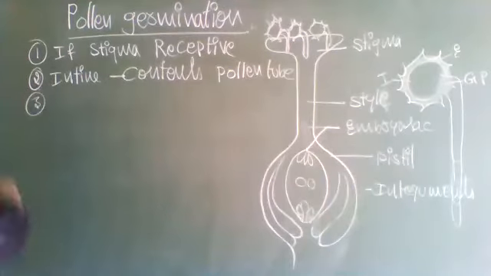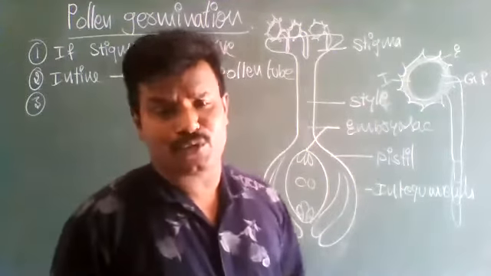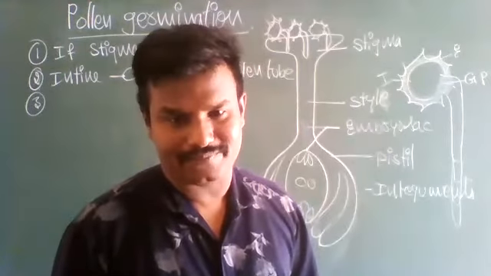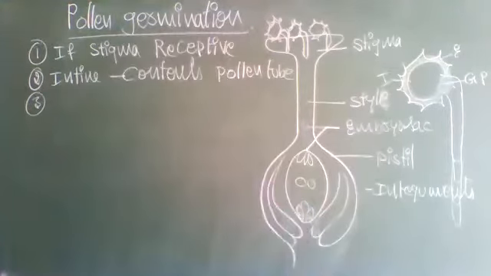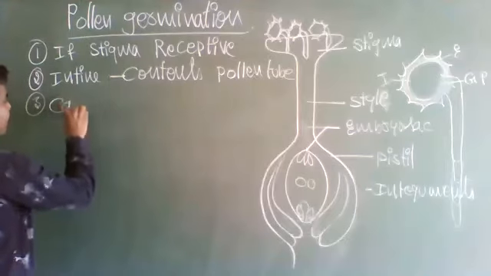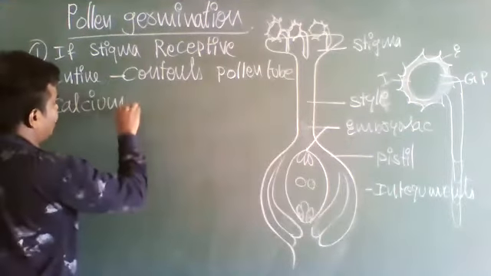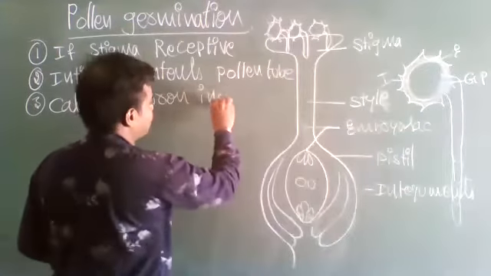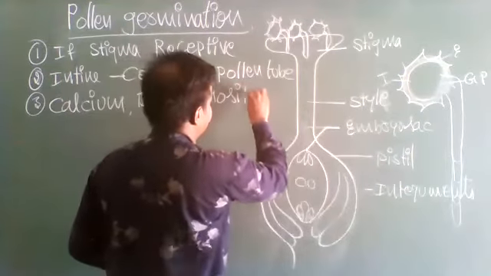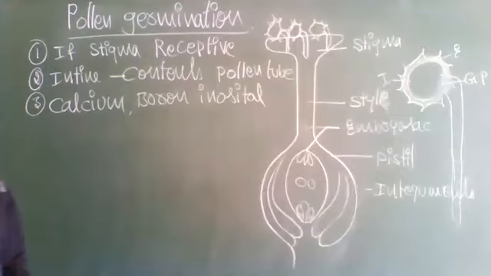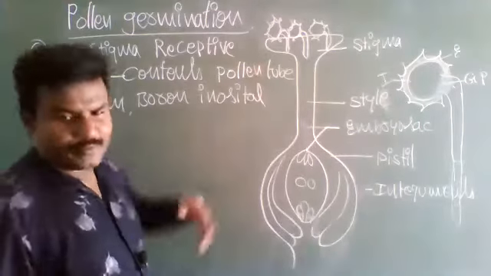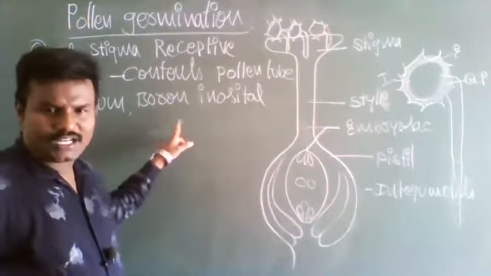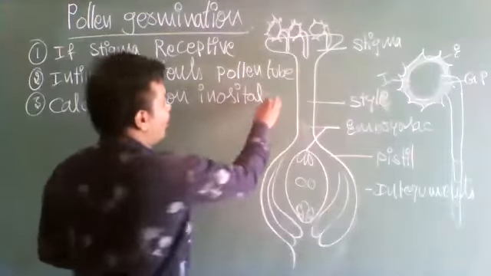Third statement. Generally here, pollen tube growth occurs by chemical components. What are those chemical components? Calcium, boron, so pollen tube growth occurs on the stigma by chemical components such as calcium, boron, inositol, a chemical complex.